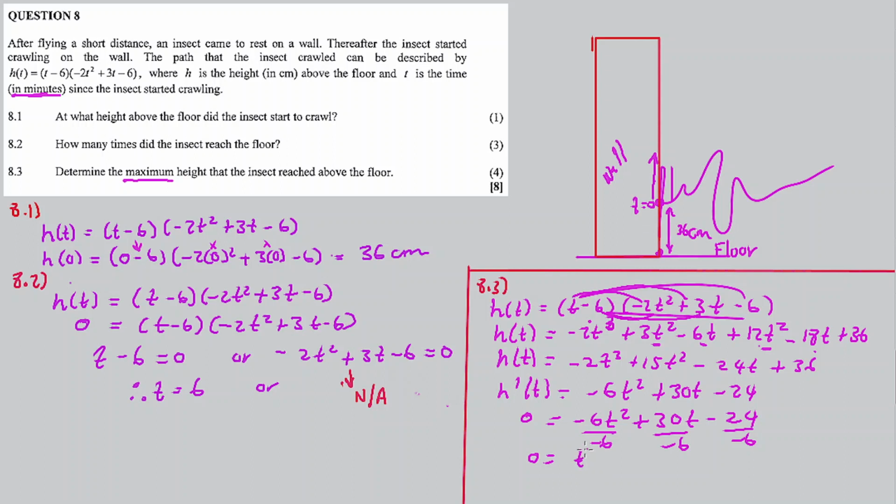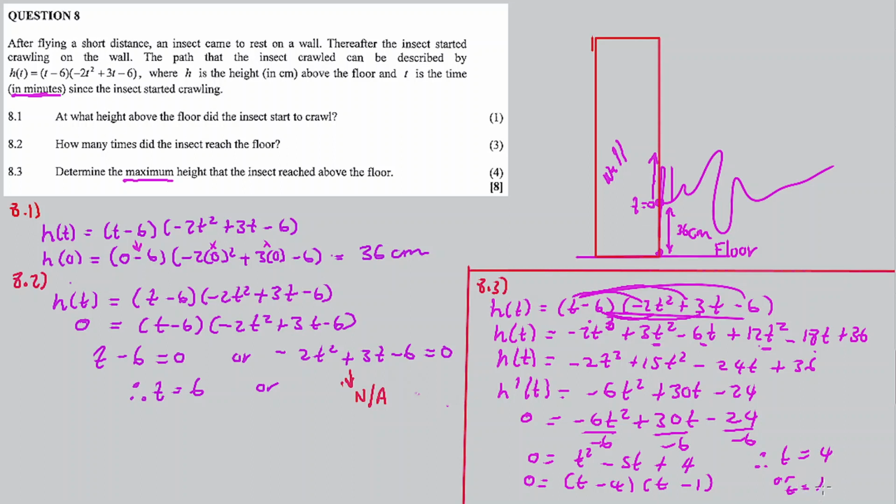That's why I divide by negative 6: minus 5t minus 4 plus 4. So therefore my factors are t minus 4 and t minus 1. Therefore t will be equal to 4 or t will be equal to 1.